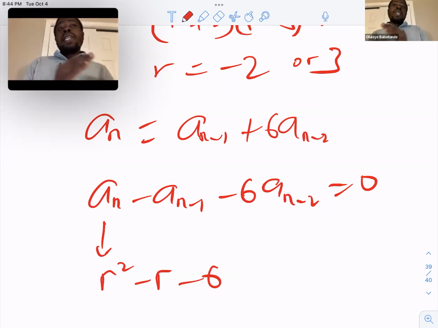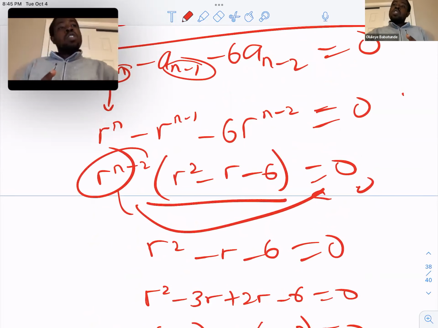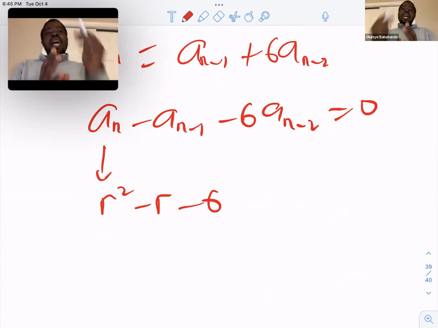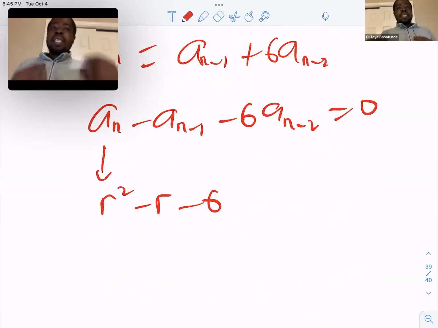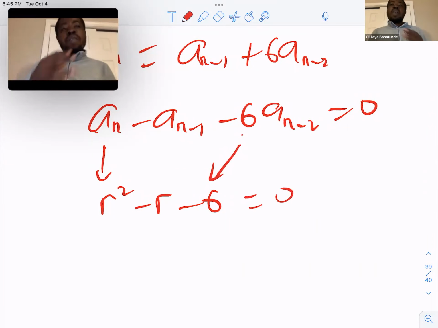The power will be reducing. You will start, you know, I've been able to factorize it from here, bringing out this. So I'm left with this. So when you have that, bring everything to the left side and start making up your characteristic equation with r squared for the first term, minus r for the second one. And because of this, of course, this will not have r raised to the power 0. Okay, so because of this 6, you have to put minus 6 here, equal to 0. And then you will solve that.